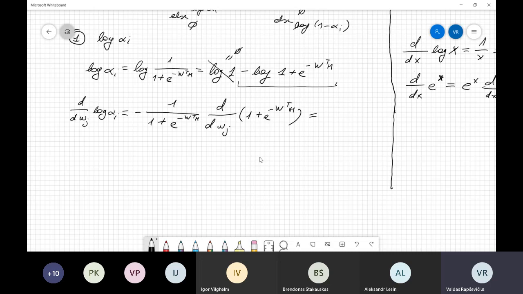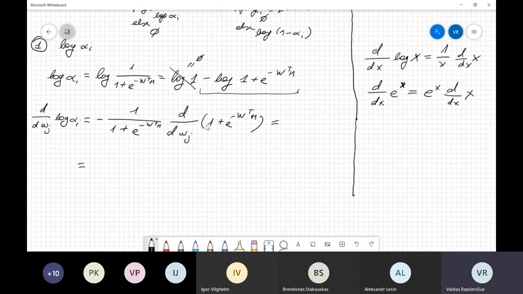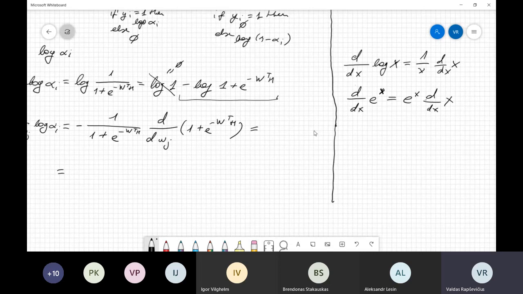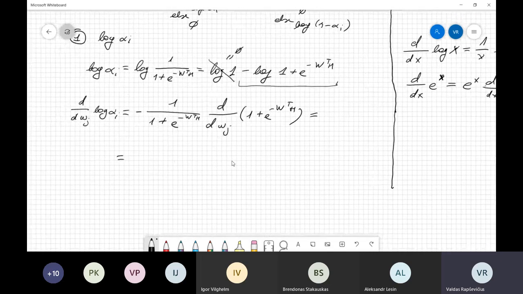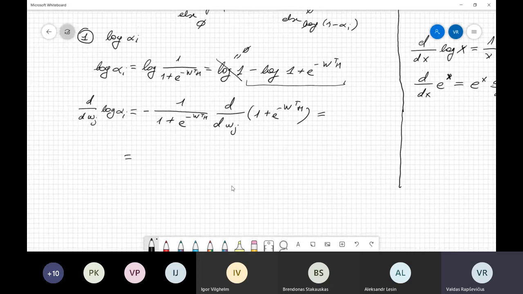Okay, so we can move forward. For the derivative of this, the 1 goes away, we repeat the e to the minus W transpose h, and then multiply by the derivative of the exponent.